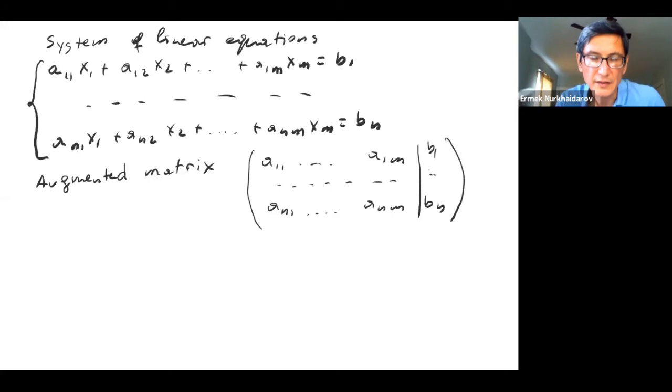Instead of writing a system of linear equations, what we can do is write down the corresponding vector equation.